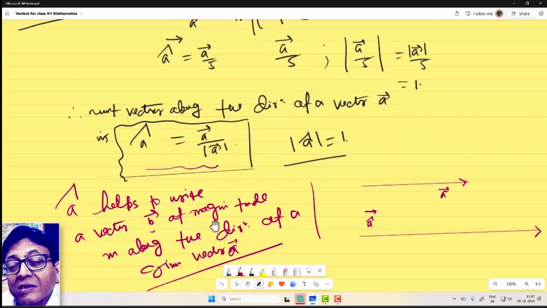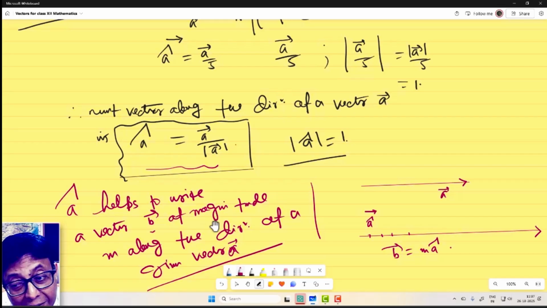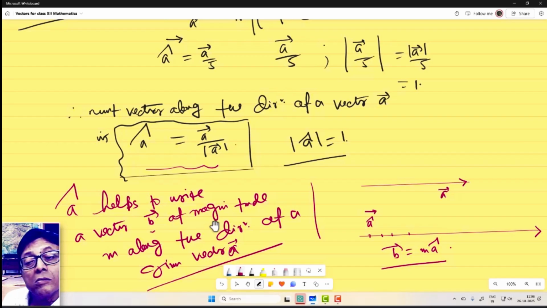So we have magnified this m times. Then B is going to be m into A cap. So if a vector of given magnitude is there, you can draw a vector of any magnitude in the direction of that vector.